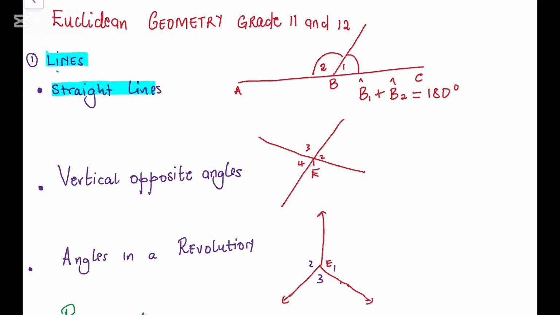So in Euclidean geometry, every statement must be accompanied by a reason. Here, you just say these are angles on a straight line.